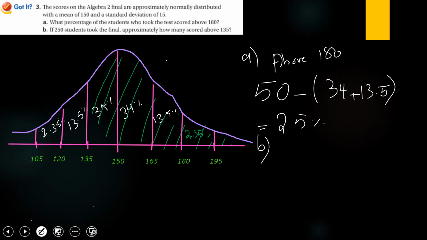You have to add 0.5 or 50%, plus 34, because I want this area. I know that above the mean is 50% plus 34, you have them as 84%. It's different than 1 minus 2.35 plus 13.5.